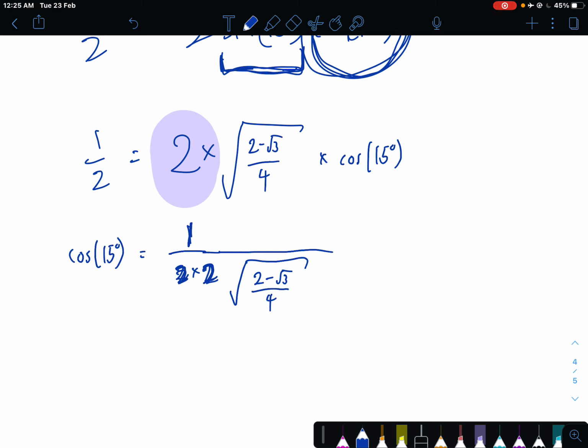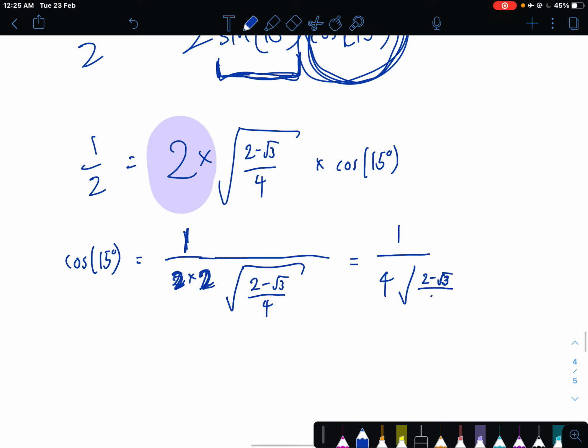So this is now cosine 15 degrees. Let me try to simplify: 1 over 4 times the square root of this. Honestly, at this stage I think it is okay to leave this as a square root within a square root, with a square root 3 inside a square root, and a square root in the denominator. Oh no, it's not a rational denominator. But I think at this stage it's still fine to leave it alone.